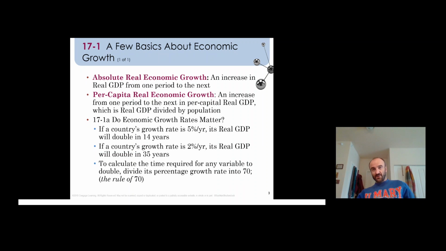Does that mean that the Chinese are wealthier than Americans? No, it doesn't. Why? Because there are 1.5 billion Chinese and there are 320 million Americans. So when you divide the total GDP figures for China by population, you get a much smaller number of real goods and services available to one person than in America. So that's the reason why real GDP per capita is a much more useful measure of economic wealth, or the income level, or the standard of living for any given country.